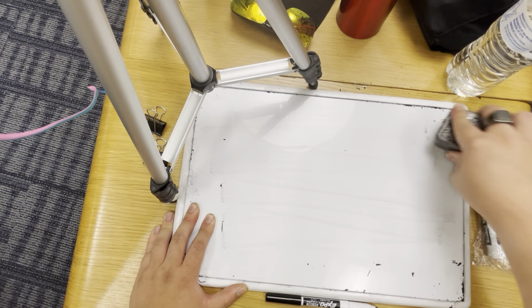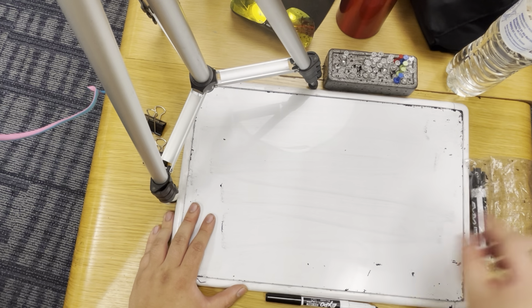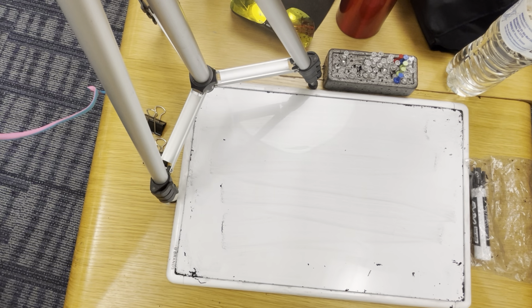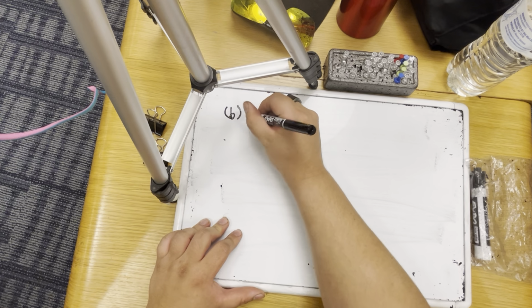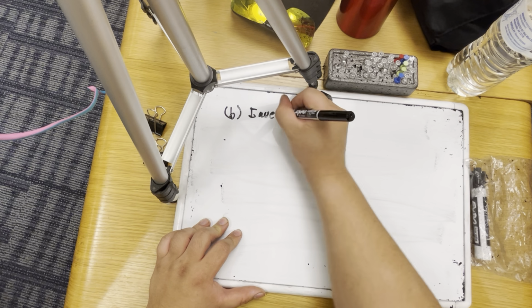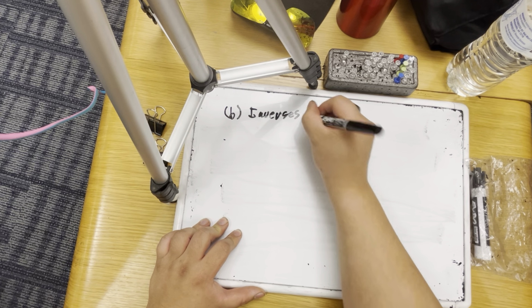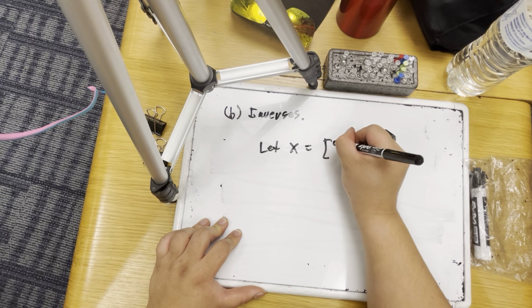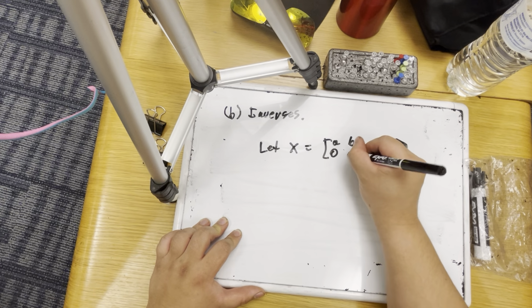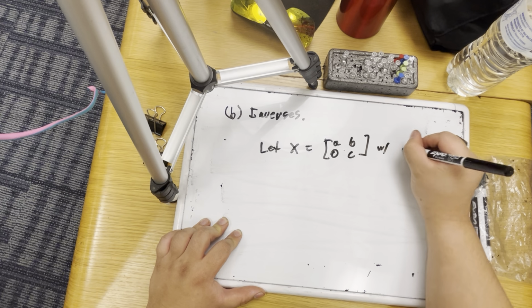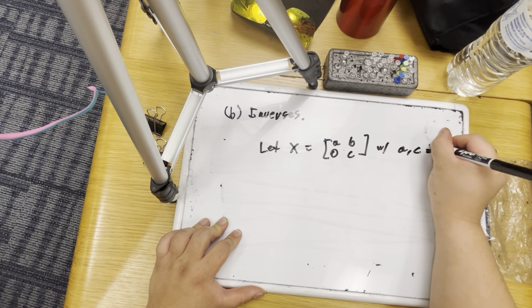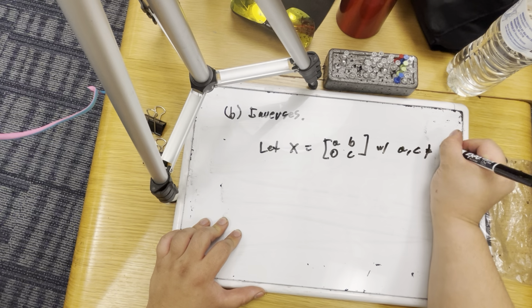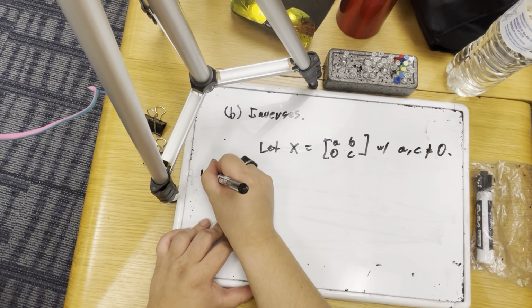So for part B, we have to find the inverse and deduce G's closed under inverses, right? Let X be equal to the matrix A, B, 0, C, with neither A nor C equal to 0. So let's seek out the inverse here.